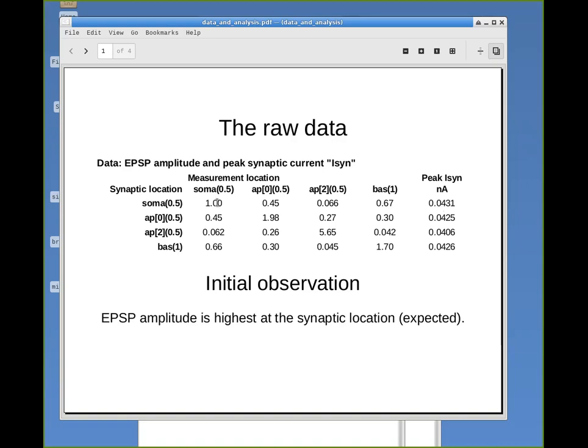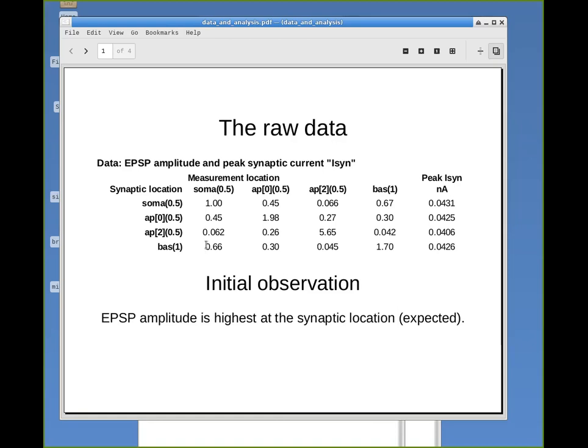These are all the peak amplitudes of the EPSPs observed at the different locations, and these are the peak currents. The peak current does change a bit when you change the synaptic location. When the synapse is attached to the soma, it delivers more current than when it is attached to the basilar or the distal apical. Why would that be? We'll talk about that later, maybe.